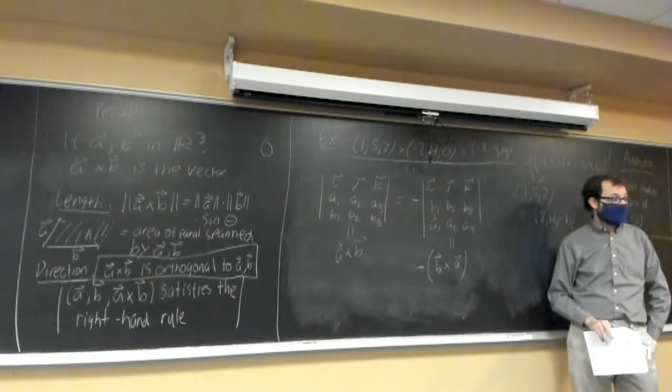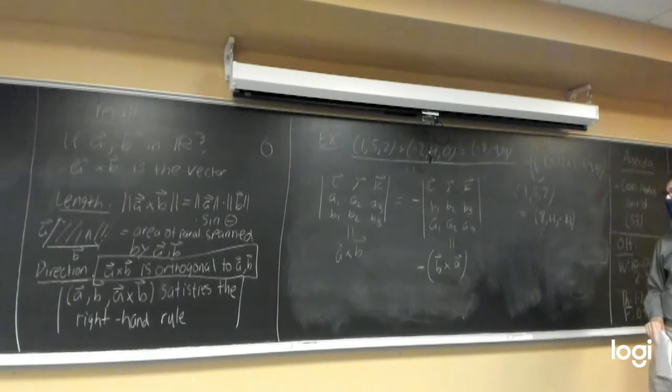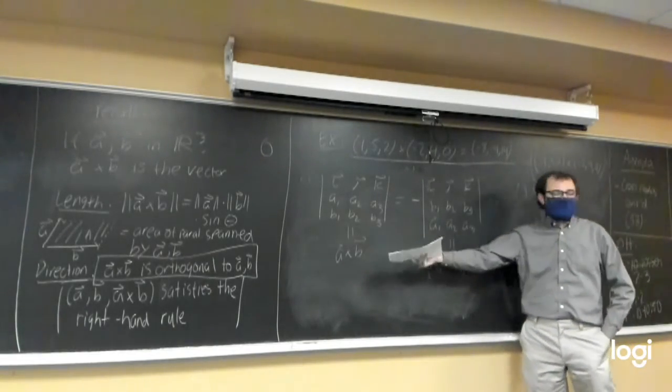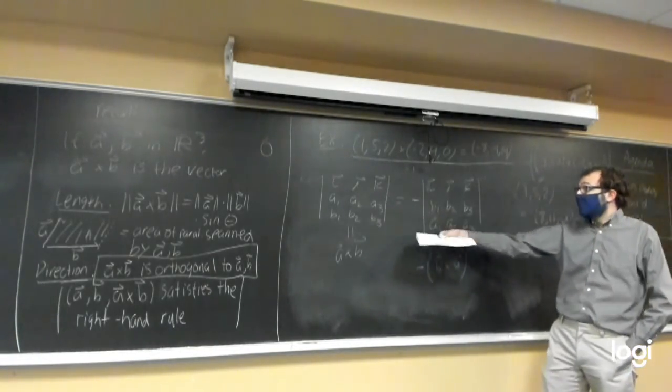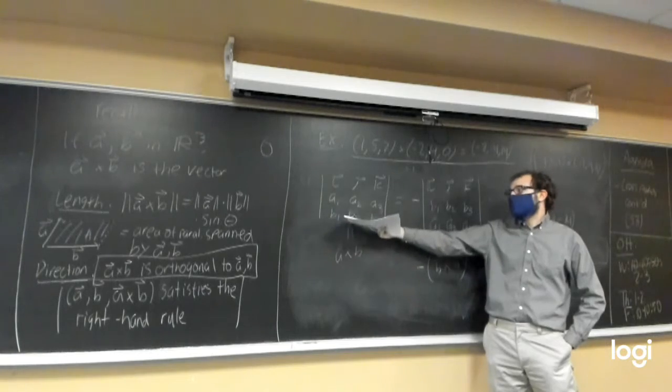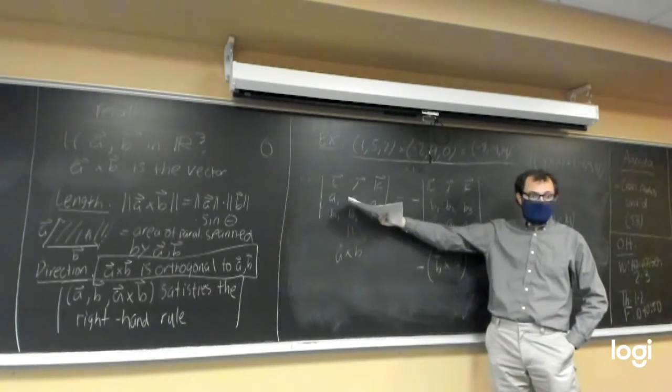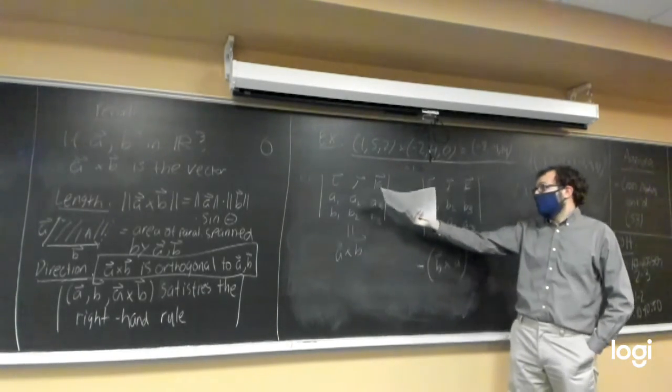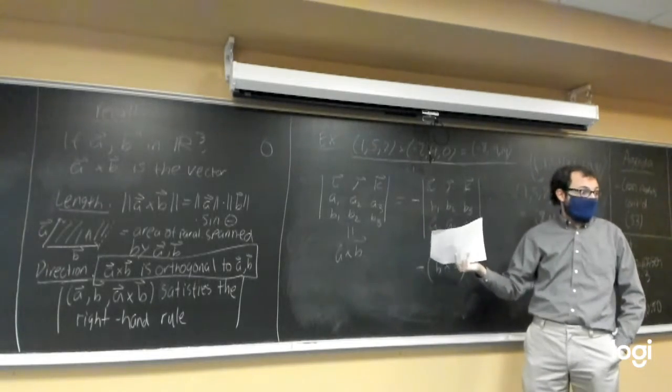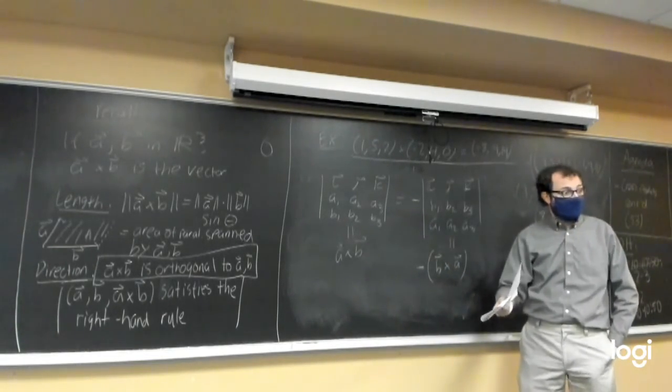So is it the negative of the determinant for A and B? Like we don't take the determinant of the second matrix and then minus it, right? Yeah, if you wanted to get the same thing as A cross B. Basically, what I'm saying is if you swap the last two rows in the determinant here, the result you're going to get is the negative of what you started with.